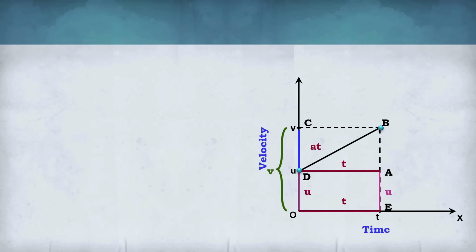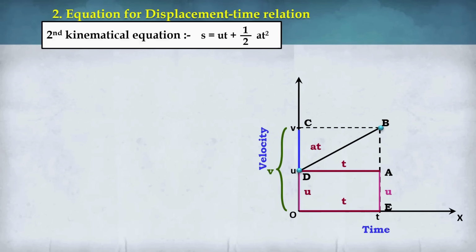Now let us derive the second equation of motion, which gives the relationship between displacement and time. The second kinematical equation of motion states that displacement equals initial velocity multiplied by time plus half multiplied by acceleration multiplied by time squared. To understand this, let us look at the velocity-time graph.